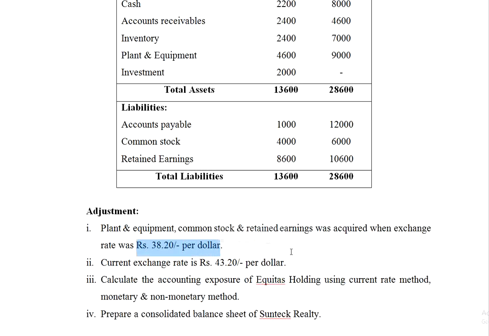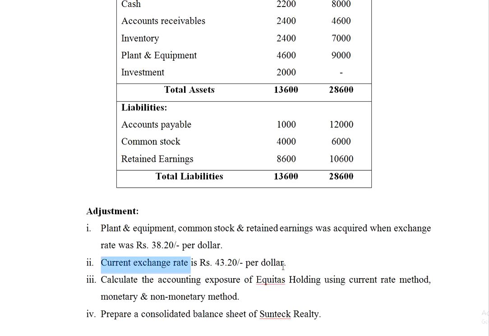So we have to make sure while converting the currencies for these three items. The second part, he says that the current exchange rate is 43.20. I think you might not have forgotten, I have given a specimen for this.